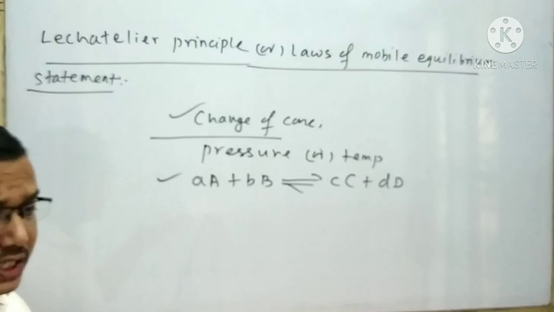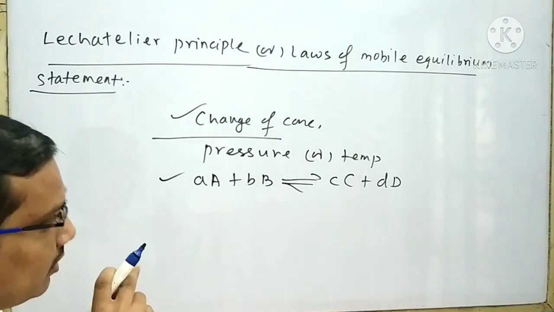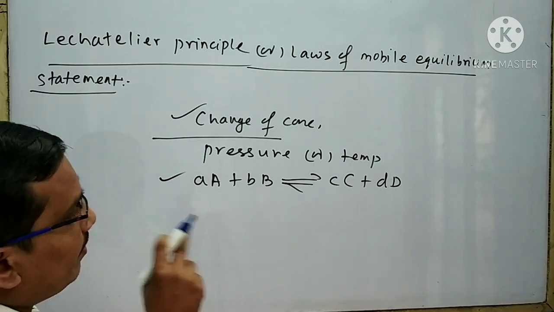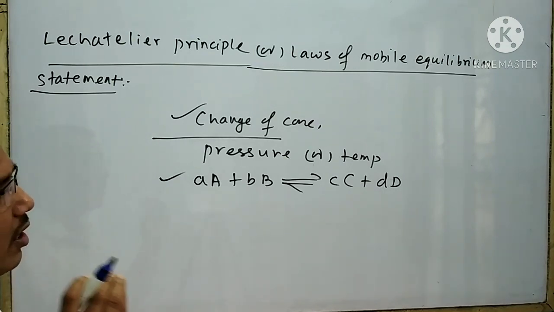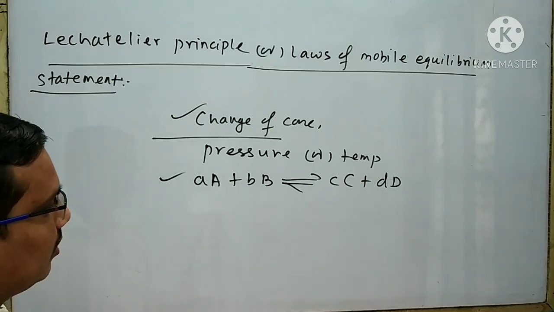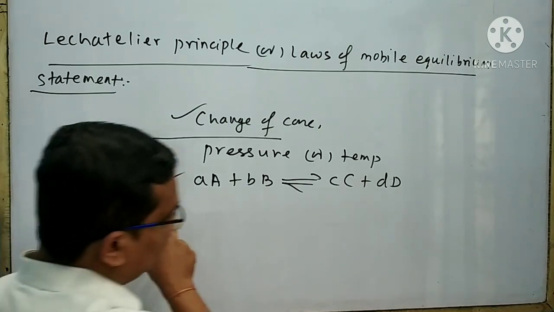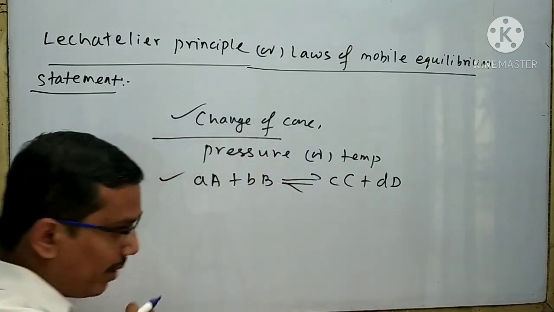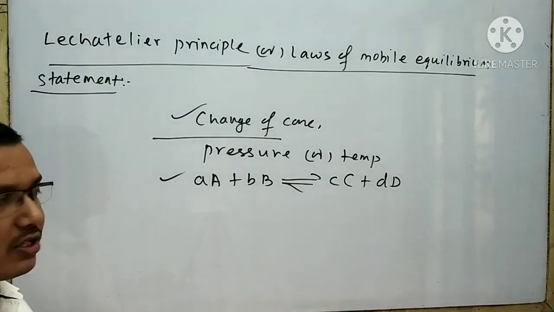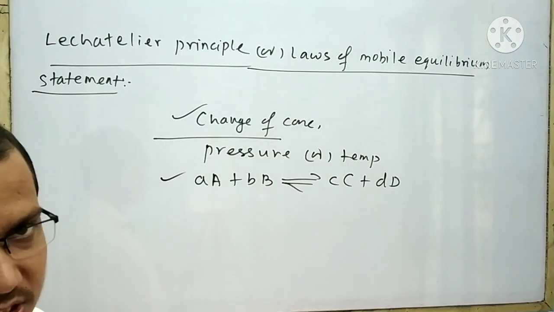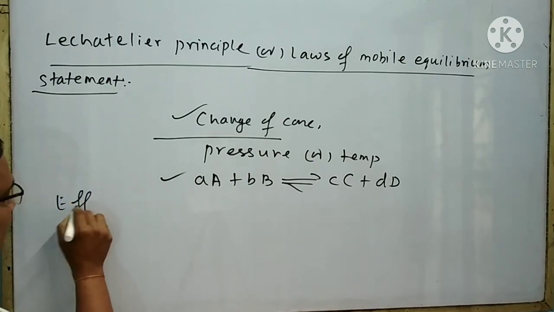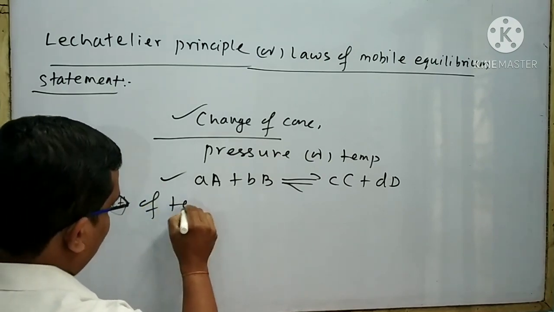The equilibrium shifts in such a direction that the effect of the concentration, pressure or temperature change is reduced. That means whether the equilibrium shifts in the forward direction or backward direction is decided by the effect of temperature or pressure or concentration. Let me explain the effect of temperature.